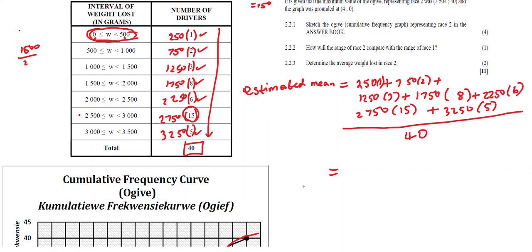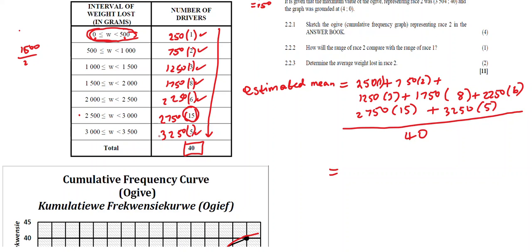So now let's type it down on our calculators. 250 times 1 plus 750 times 2 plus 1250 times 3 plus 1750 times 8 plus 2250 times 6 plus 2750 times 15 plus 3250 times 5, all over 40.